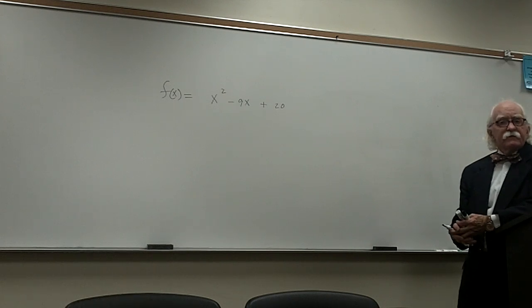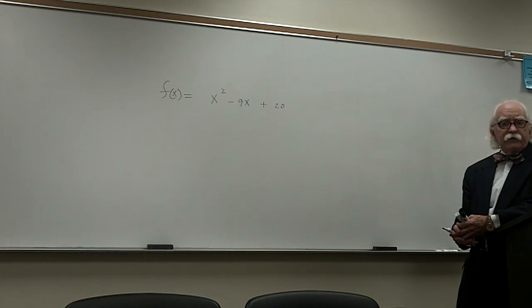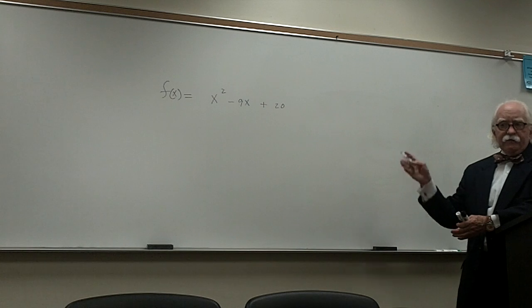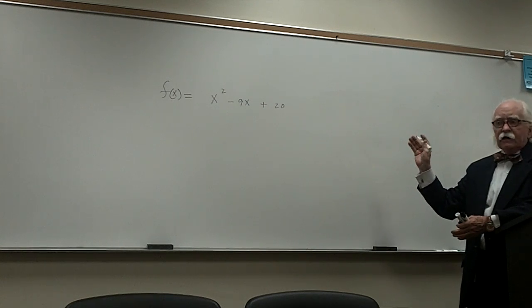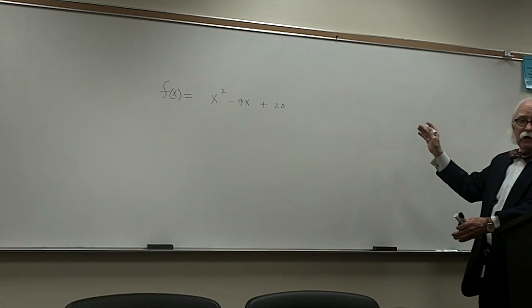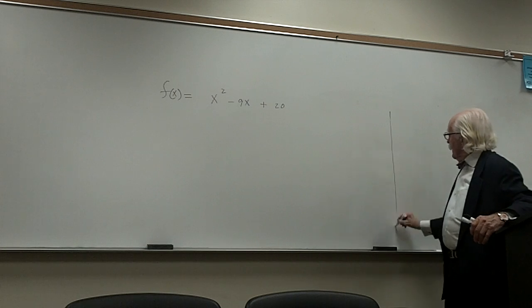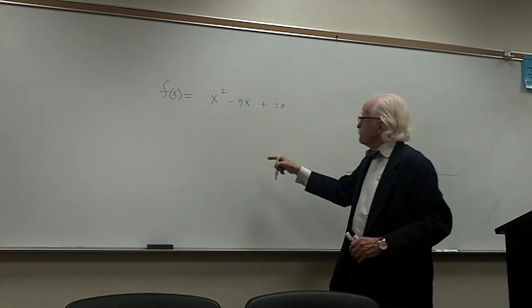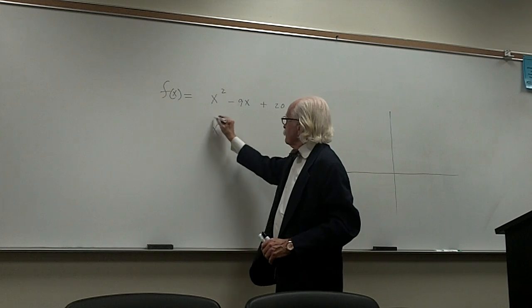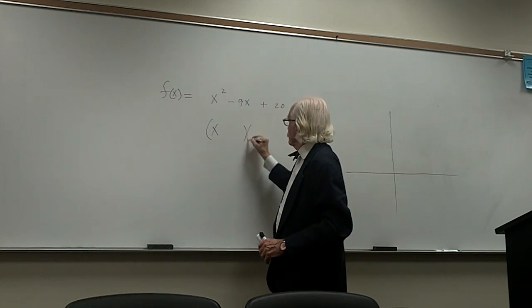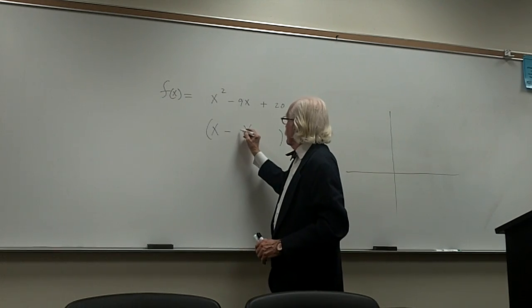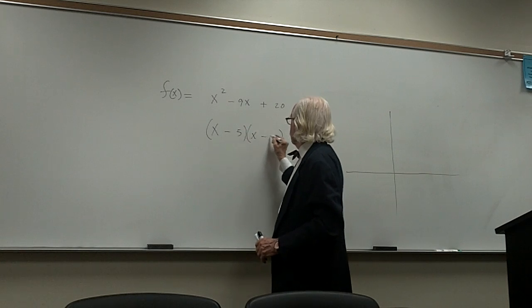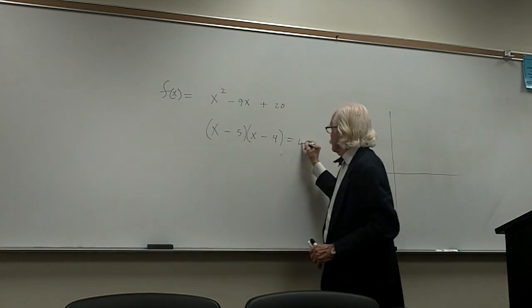On the vertex? Exactly. All you have to do is find the vertex of this problem. Let's see if we can do this. We know we can factor this into x minus 5, x minus 4 equals 0.